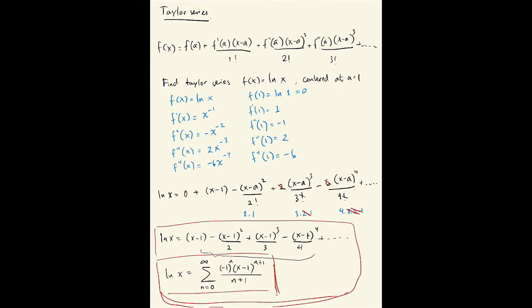Sometimes the question is only asking for the expansion form, sometimes for the representation as an infinite sum, and sometimes for finding the radius of convergence. To find the radius, you use the ratio test on the infinite sum. If you forget the details for Taylor and Maclaurin, go see the YouTube video.